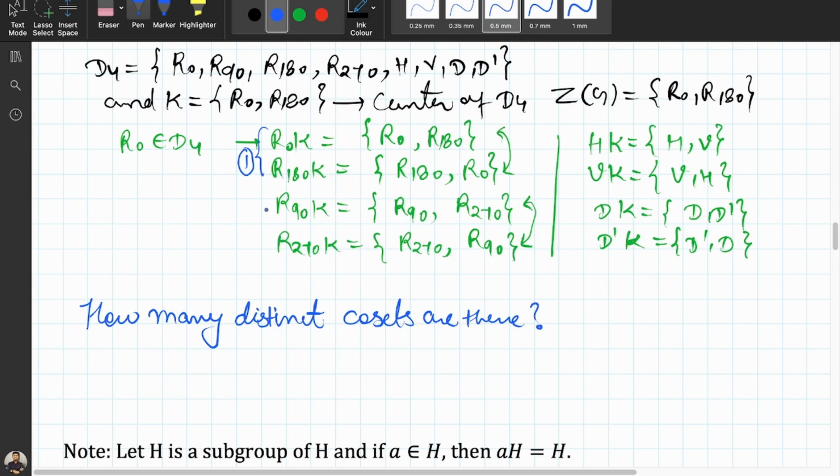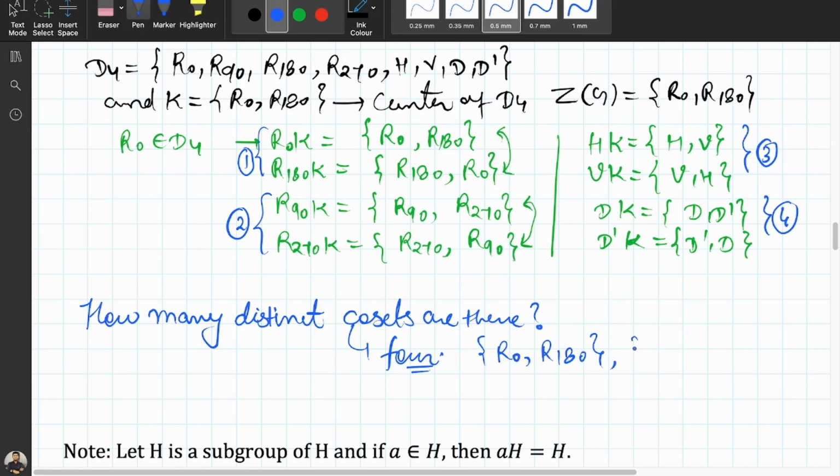So one distinct coset is this, the second is this, this one is third, and this one is fourth, so four distinct cosets. What are they? I can write R0 and R180, then R90 and R270, and next horizontal and vertical, then diagonal and anti-diagonal. These are the distinct cosets.